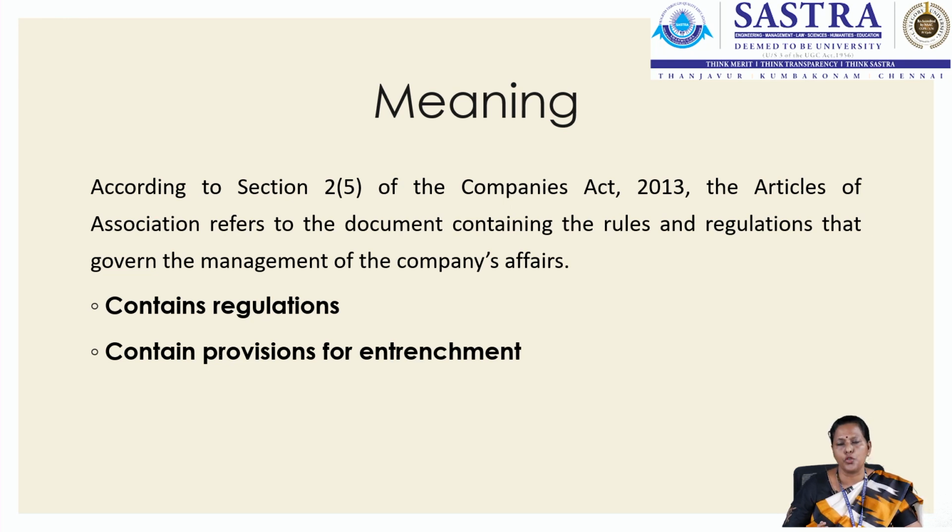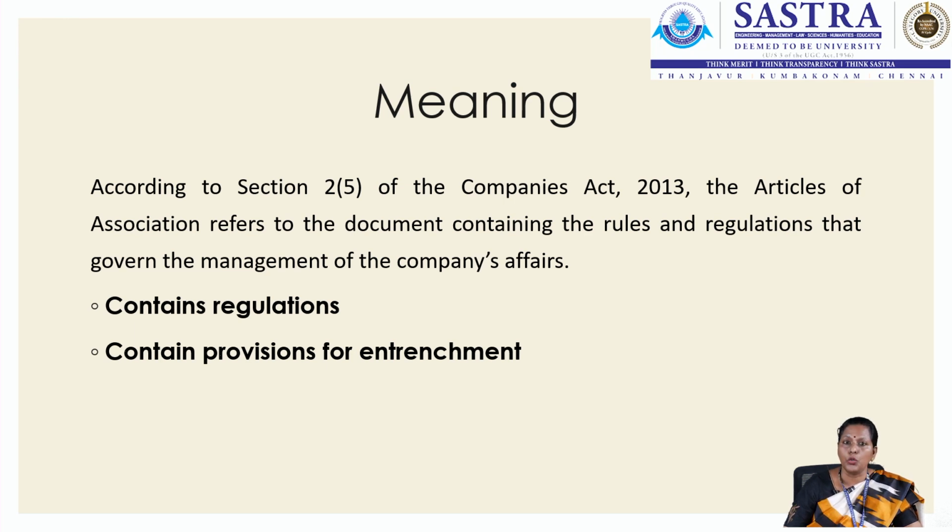But whenever they are going to come with this provision for entrenchment, this should be approved by all members in the case of a private company. If it is going to be a public company, then a special resolution should be passed in the general meeting. Special resolution means that 75% or more of the shareholders should be agreeing to this particular entrenchment.